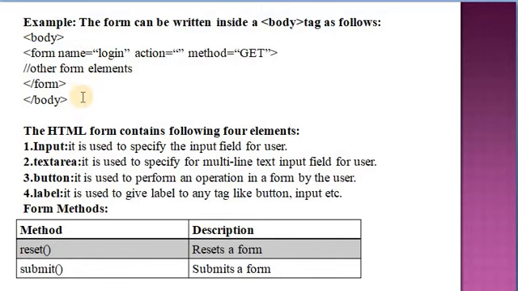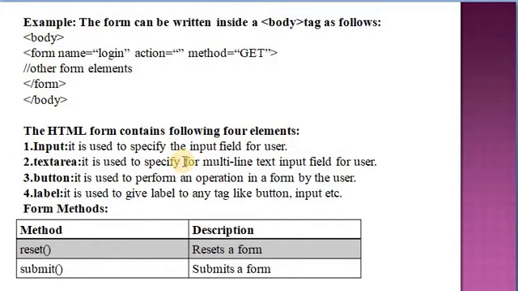How to write? We can write the form tag inside a body tag. The HTML form contains the following four elements. First is the input element, second is the text area, third is the button, fourth is the label. Input is used to specify the input field for a user.